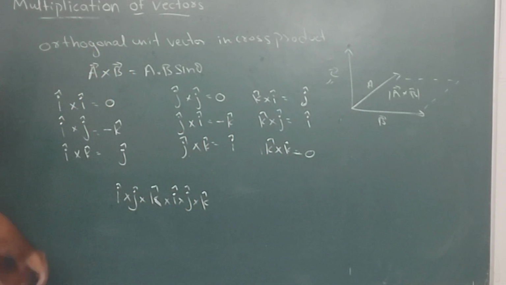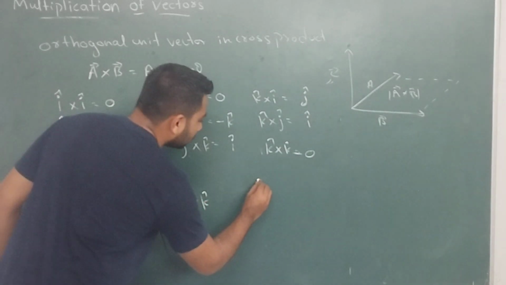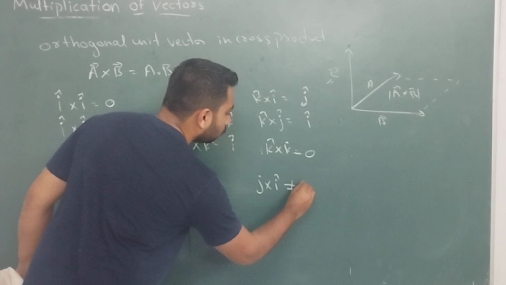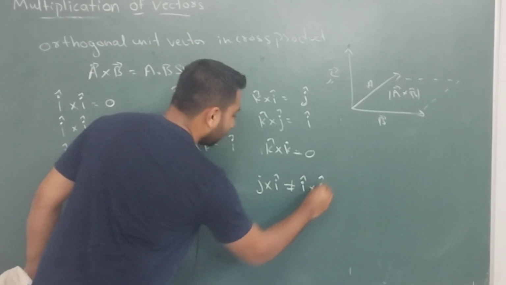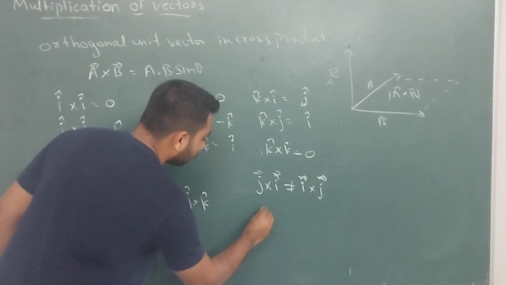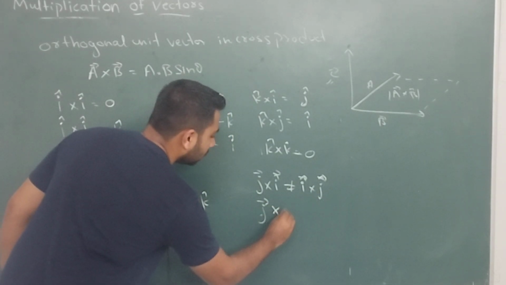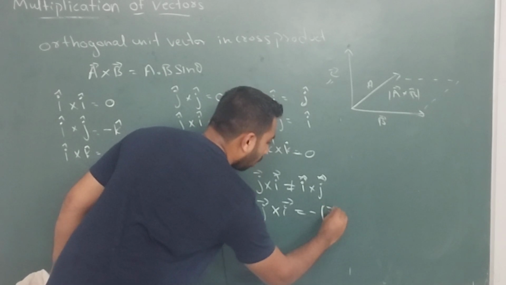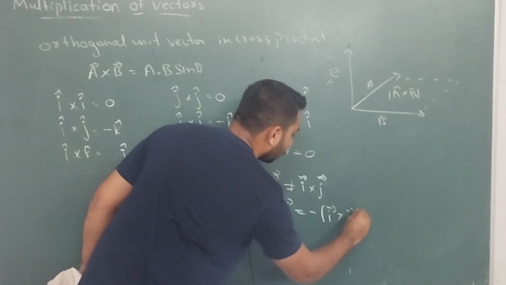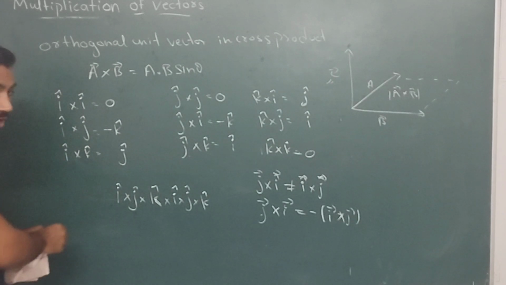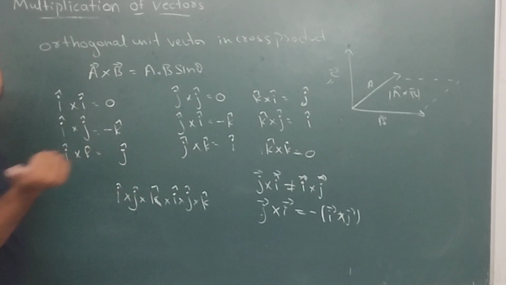See, I just said, this is not equal to this, but this is equal to this one. Now, in the cross product from i to j, the answer is here.